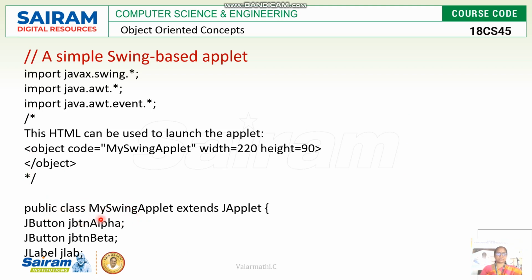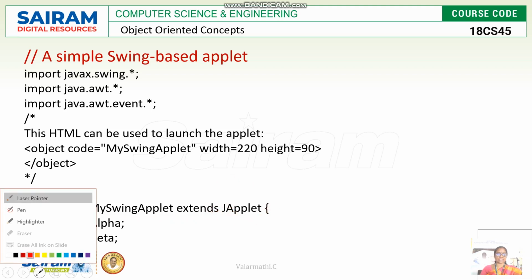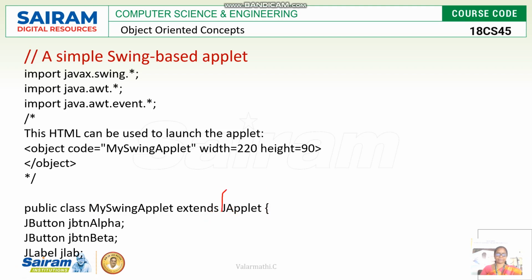Here the class name is MySwingApplet, which extends JApplet. JApplet is the root class of the applet. Then it has 2 buttons: one called the alpha button and the second called the beta button.